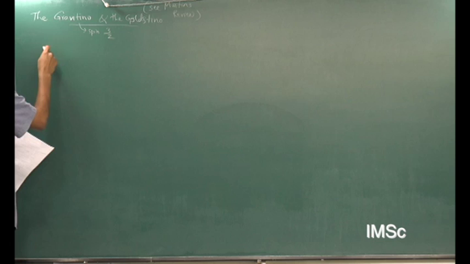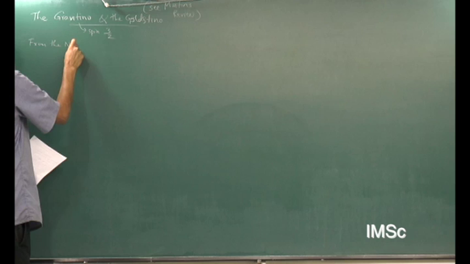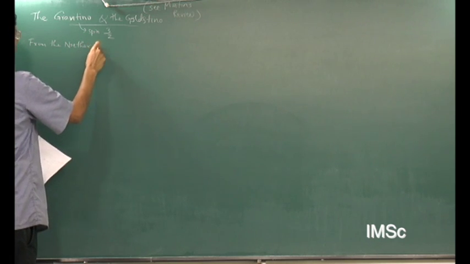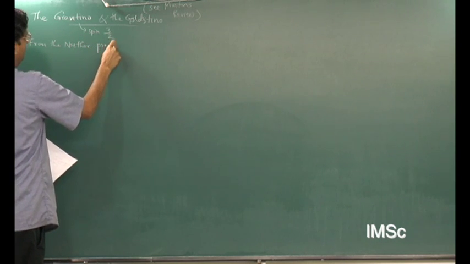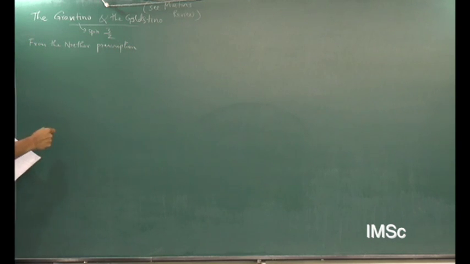And from the Noether prescription, when you have a symmetry of the Lagrangian, you can obtain the Noether current. And if you do that for the supersymmetry transformation, you will find the Noether current.